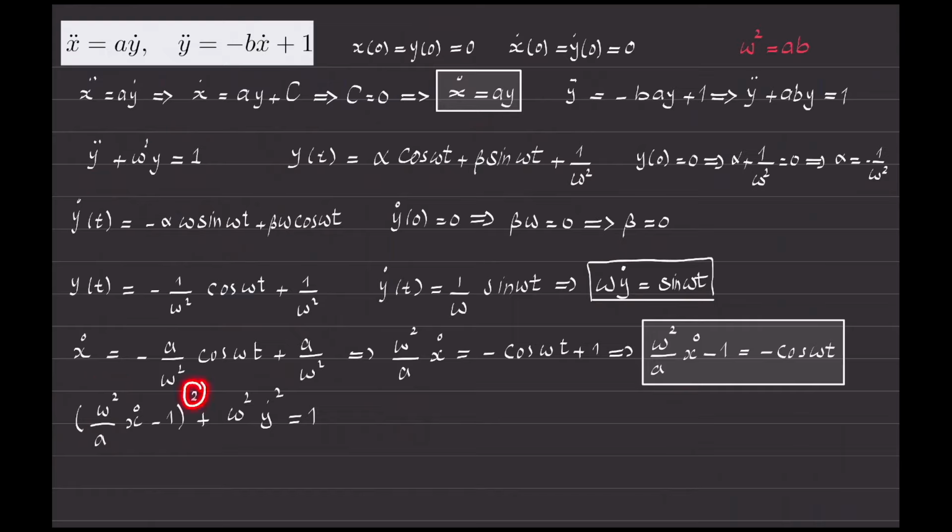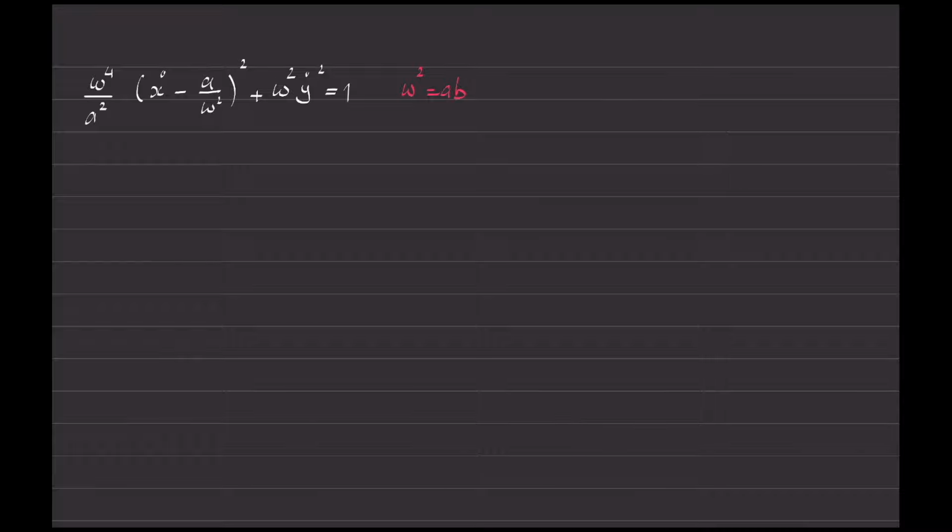Remember, there is a power of 2, so this becomes omega to the power of 4 divided by a to the power of 2, times x dot minus a over omega squared to the power of 2, and then plus omega squared y dot squared equals 1. If you don't mind, let me take this with me to the other page. I do not have enough space here. Okay, so that was the equation of the ellipse that we have.